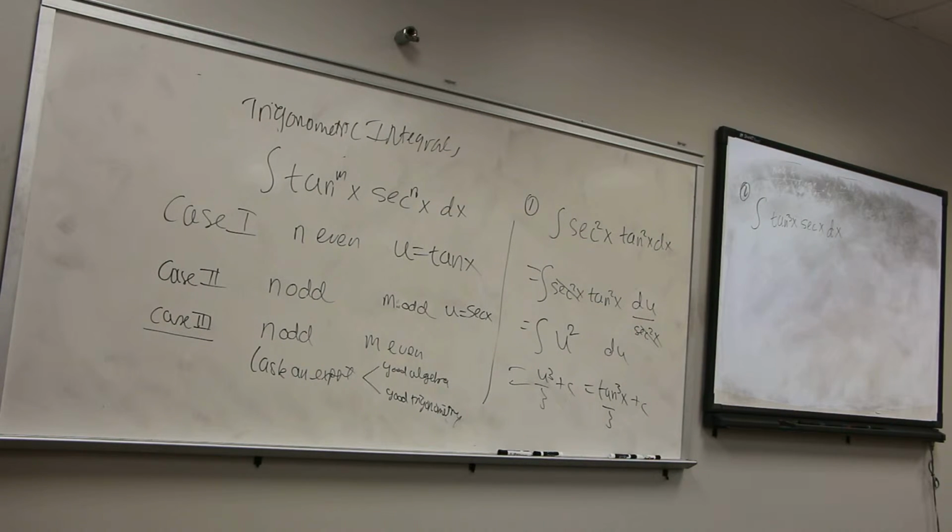Wouldn't it be sine squared x over secant, which is 1 over cosine? We could really break this down.